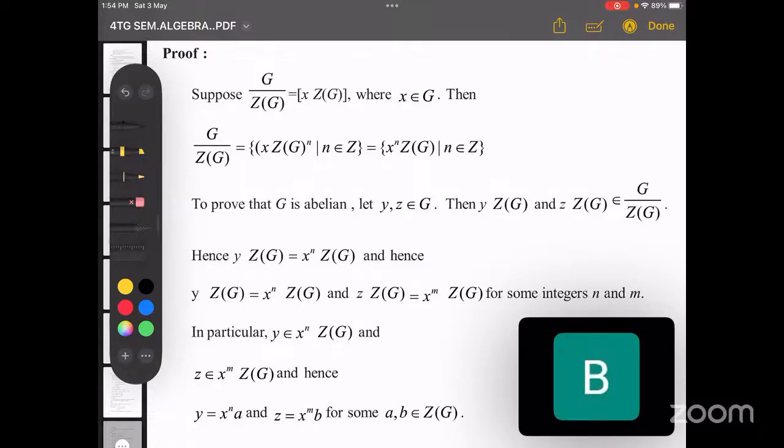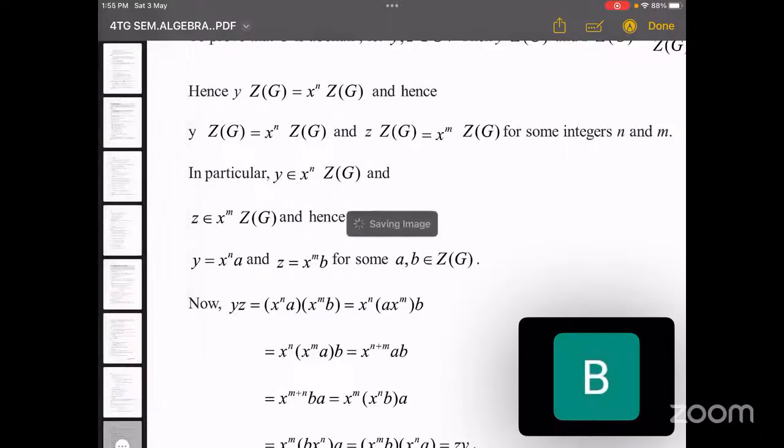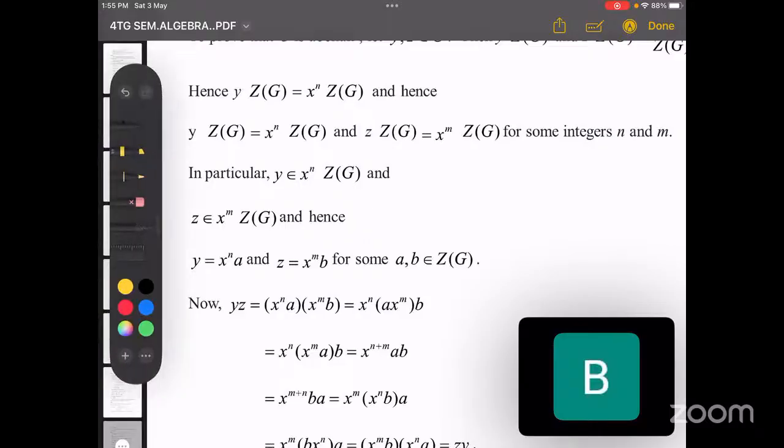Hence, what is the y value here? We are taking y equal to x^n a and z equal to x^m b for some a, b belonging to Z(G).